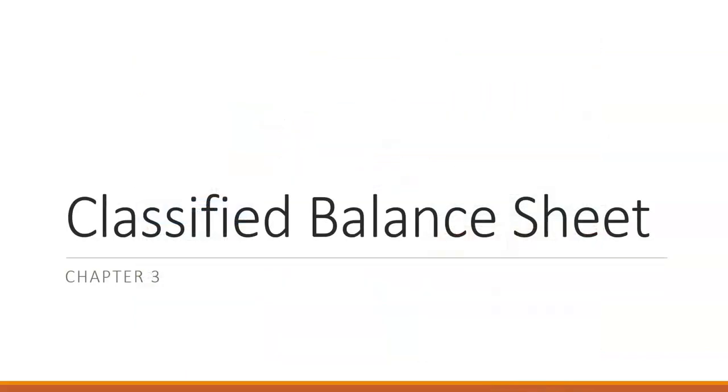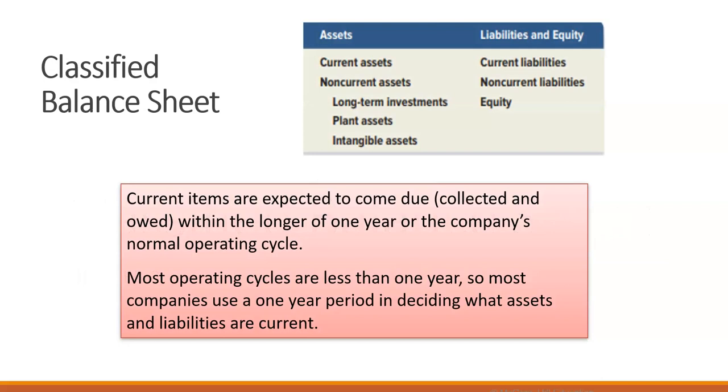Now we're going to look at a classified balance sheet. In a classified balance sheet, we classify whether our assets and liabilities are current or non-current, which is also called long-term.